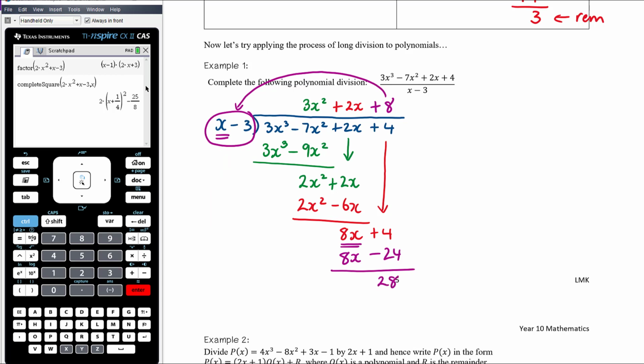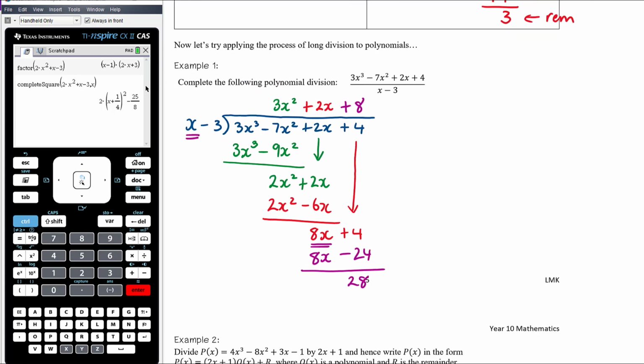Okay, so in terms of now answering our question, we've done this division. So 3x cubed minus 7x squared plus 2x plus 4 divided by x minus 3 is equal to the quotient, which is 3x squared plus 2x plus 8.